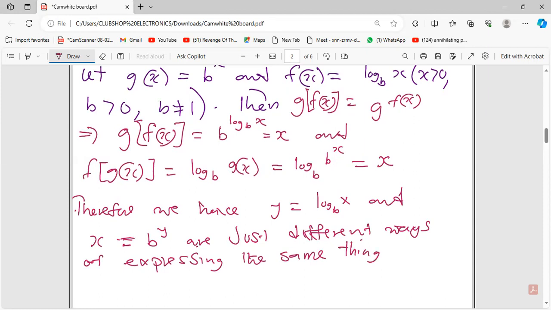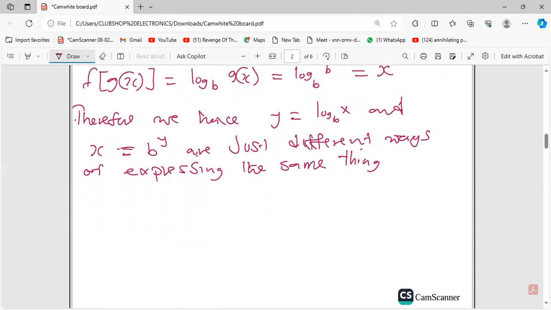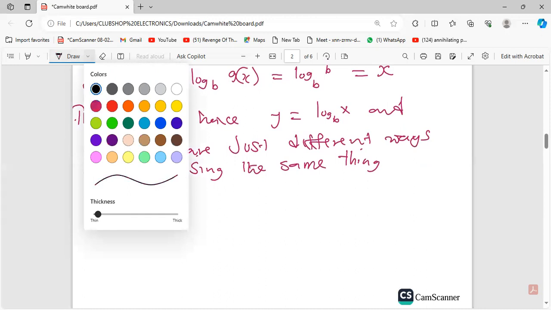All right, so that is the different ways of just expressing one problem. Okay. Now, why we have done this also is to look at how we can deal with exponential and logarithmic expressions.